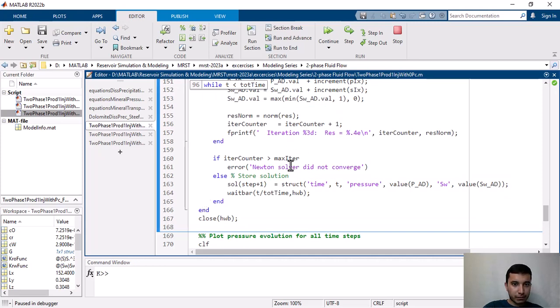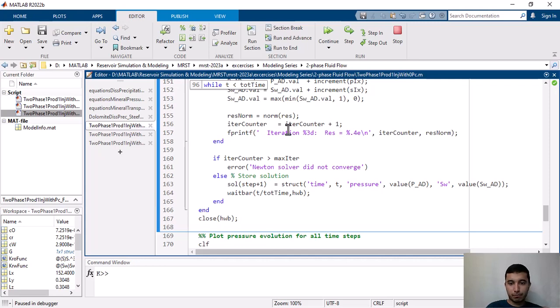When the first iteration is completed, if the number of internal iterations for the Newton-Raphson method did not exceed that value, which was 10, we get a solution to the problem.